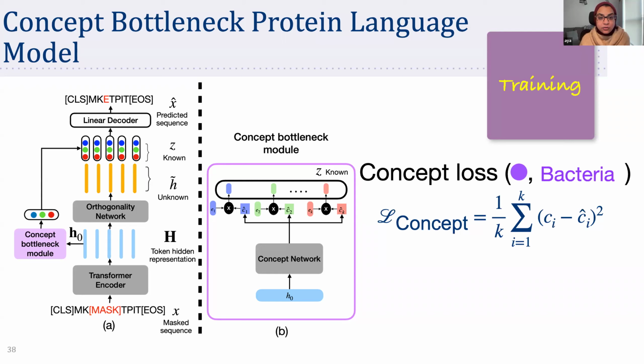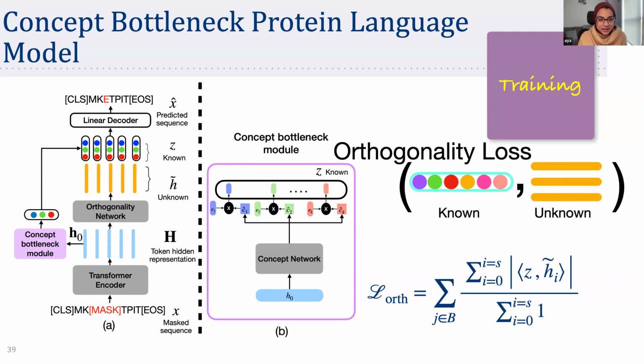For example, if we want to make sure that this sequence is a bacteria and the species is correct, we would add a concept loss to make sure that the prediction is a bacteria, and then we would multiply that prediction with the embedding that represents the species, and that is going to be part of our known embedding. And we do this for everything else.